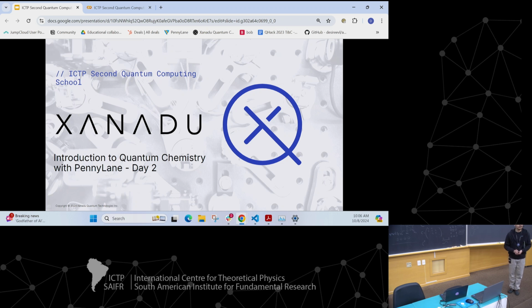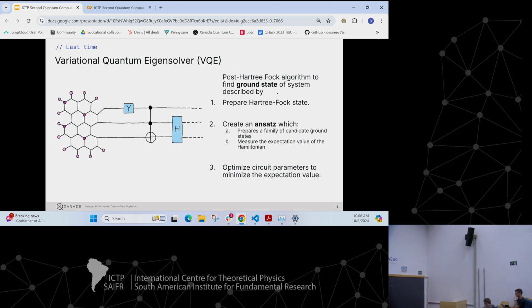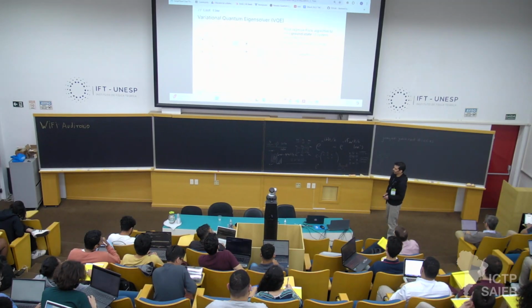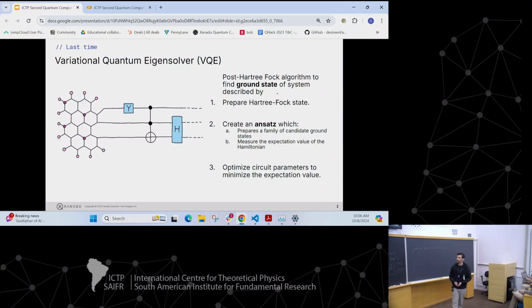To a couple of slightly different problems. So to quickly review what we did yesterday, we motivated the need for post-Hartree-Fock methods for quantum chemistry computations. An early candidate for one of these in applications of quantum computing to quantum chemistry was the variational quantum eigensolver.